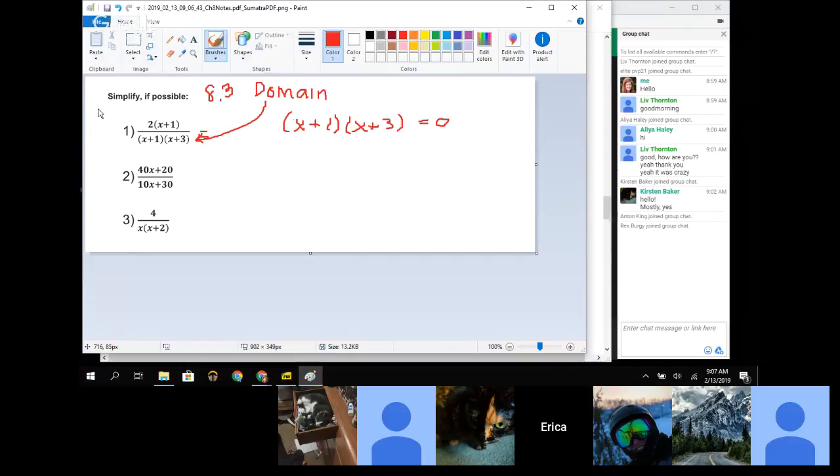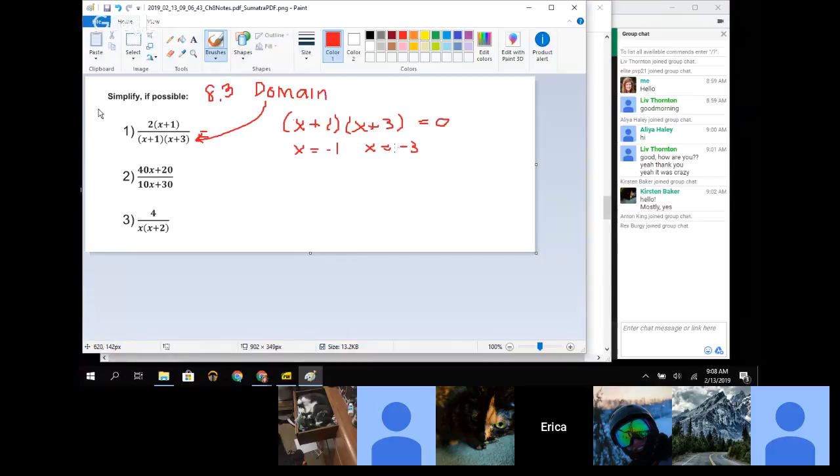Well, x equals -1 and x equals -3. You see that? If you put in -1, you get -1 plus 1, so that's 0, times something, equals 0. And then if you put in -3, you get -3 plus 3, which is 0. 0 times something is 0.